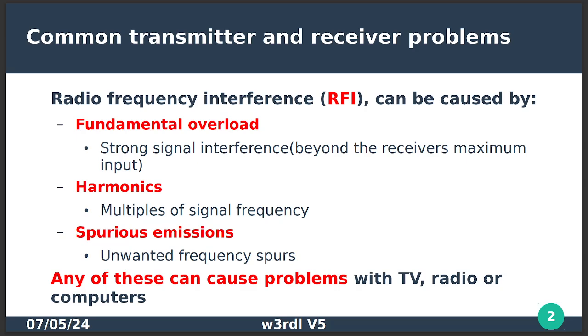We're talking about RFI here. Fundamental overload is a strong signal interference beyond the receiver's maximum input. Harmonics, which is multiples of a signal frequency, and this is what I tend to have the most problems with at my house. Spurious emissions, which are unwanted frequency spurs.